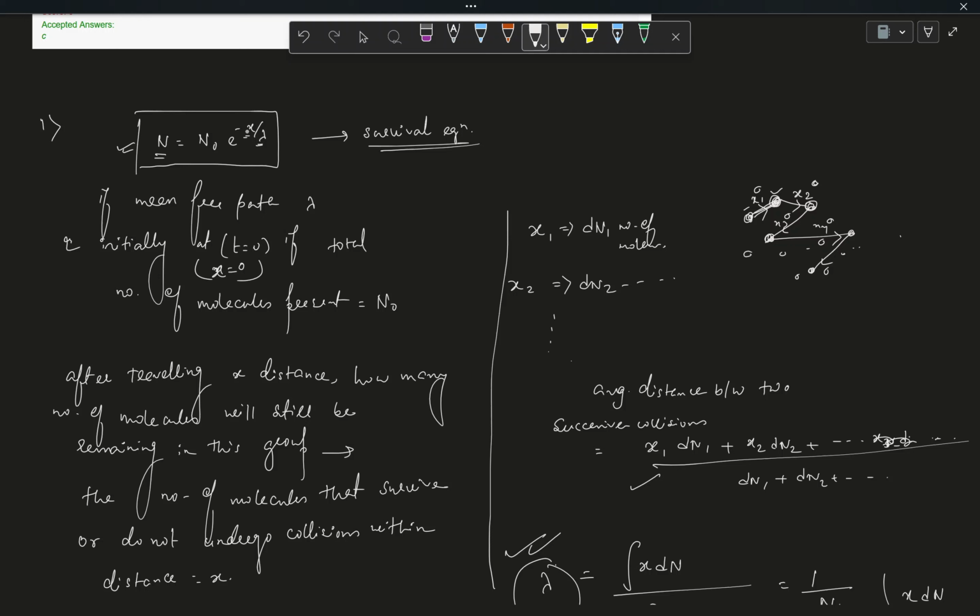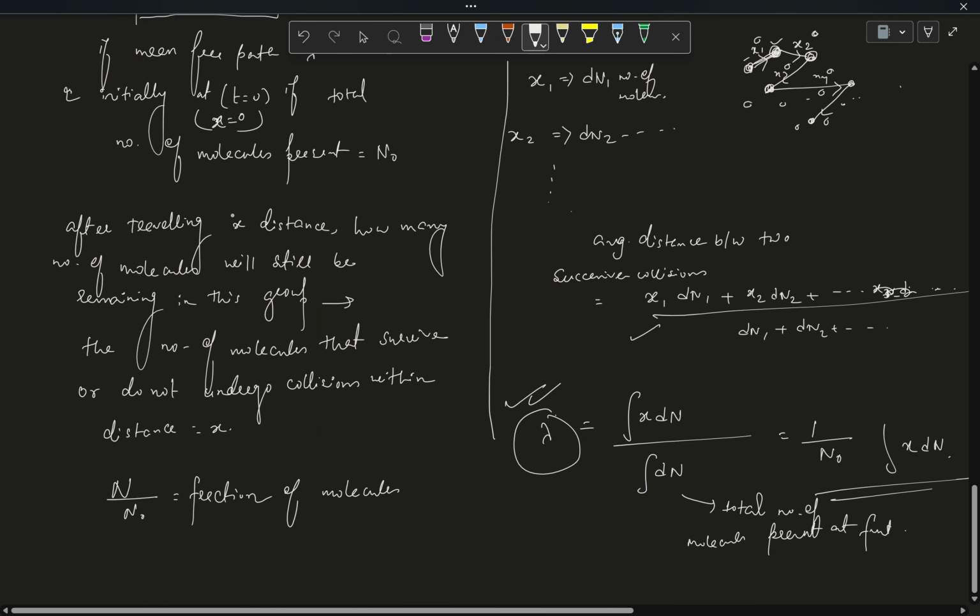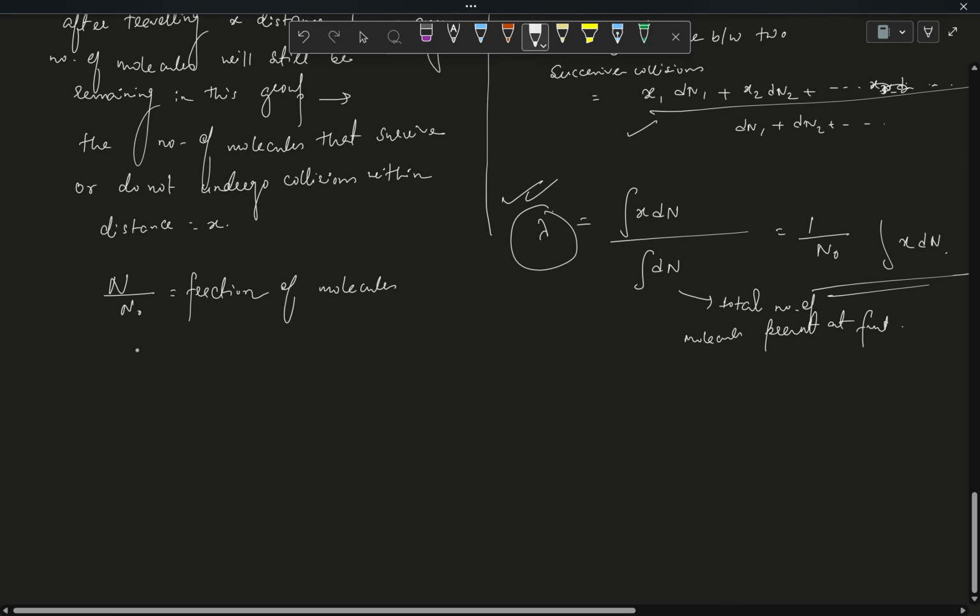Lambda is the mean free path, x is the distance that the molecules have traversed, and after that distance the number of molecules that have still survived the collisions is n, and n naught is the initial number of molecules. So the fraction that has survived, from the survival equation, is n by n naught, which is equal to e to the power of minus x by lambda.